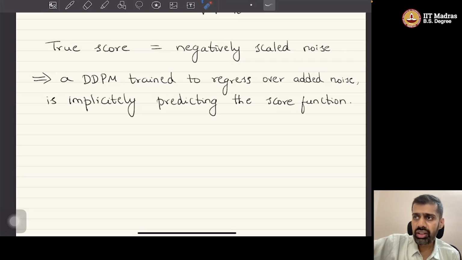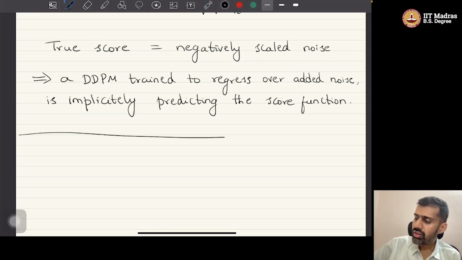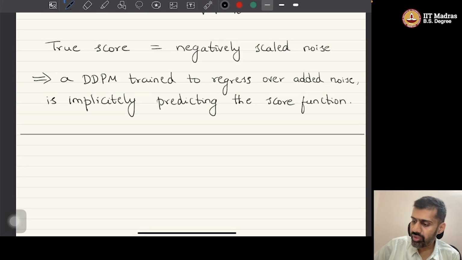So with this background, now let us go to guided diffusion for conditional generation. So let's say this is guided diffusion.